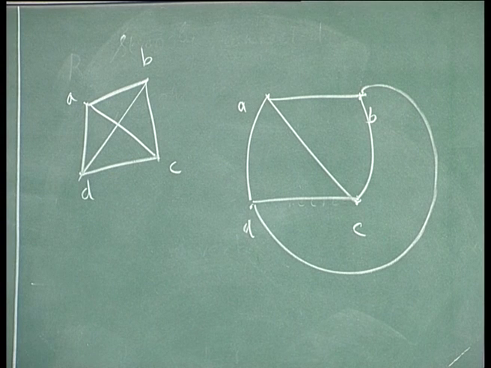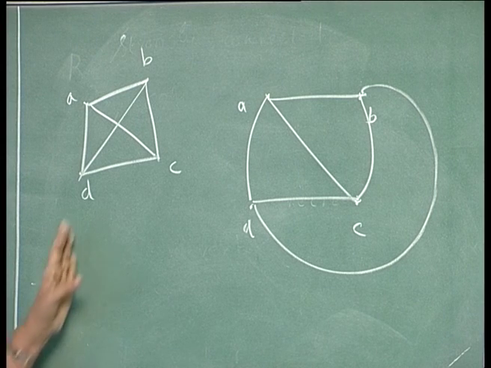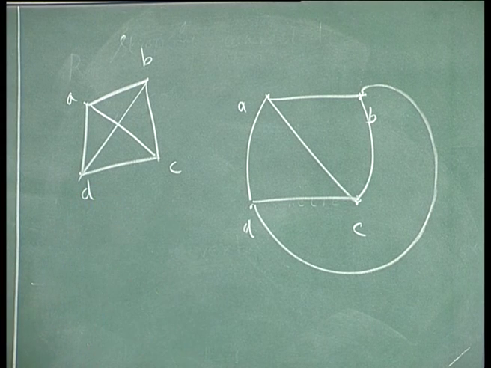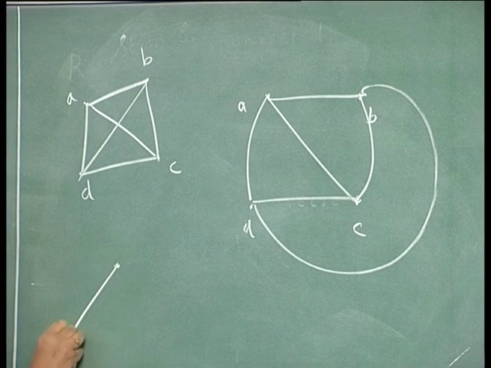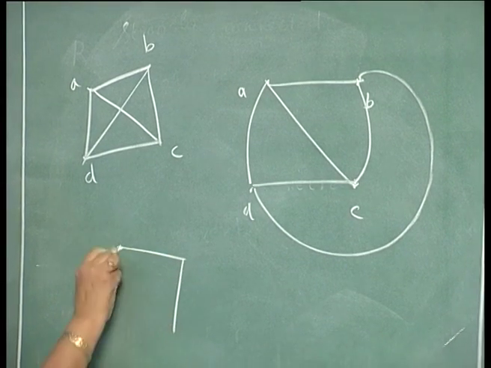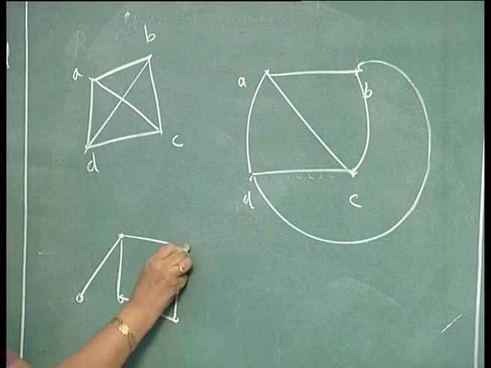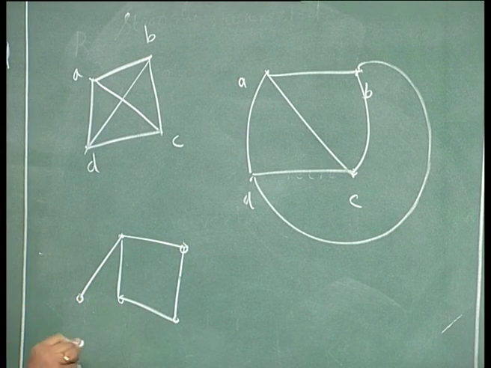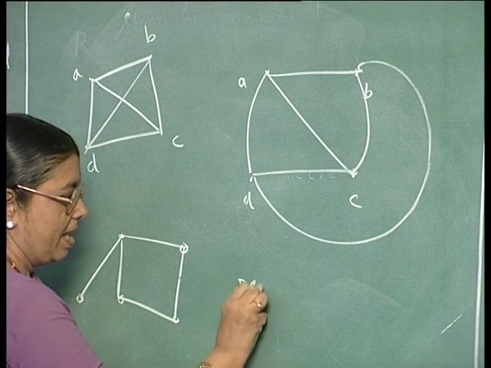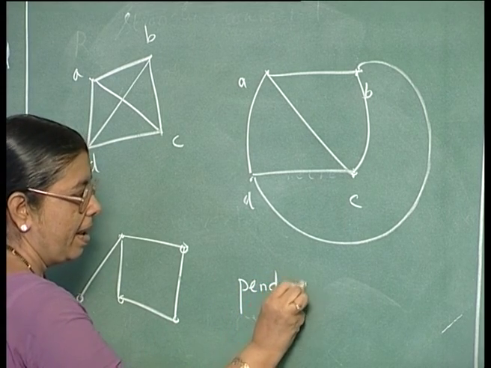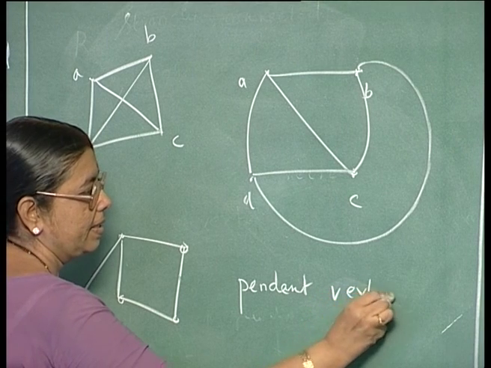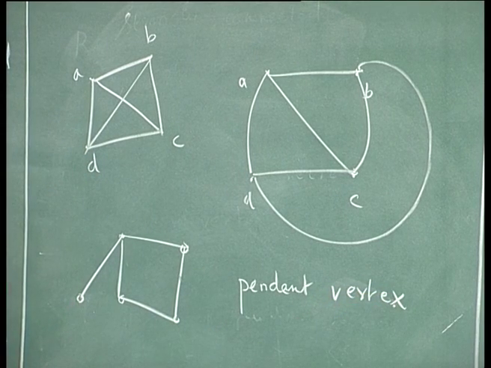It is the connection that matters. B is connected to D, A is connected to C, like that. The lines can be curved or straight, it does not matter. So, they represent the same graph. And when you have something like this, this is called a pendant vertex or pendant node.